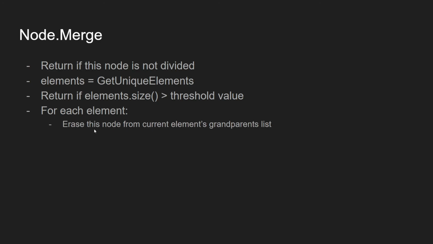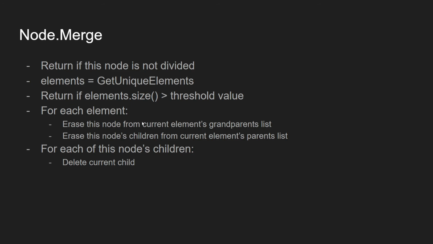We should merge those children back into the current node. So for each element, we will erase this node from the current element's grandparents list, because these elements are contained by children of this node, and so that means this node will be a grandparent of those elements. We will erase this node's children from the current element's parents list.